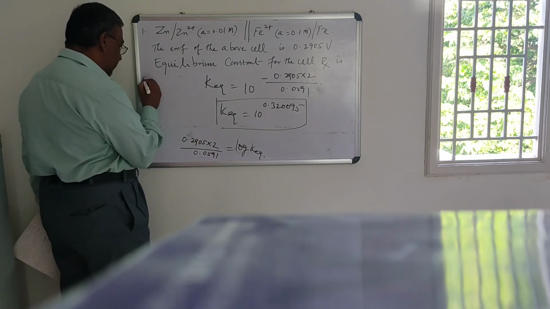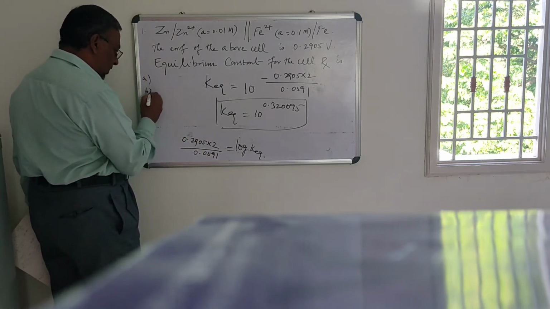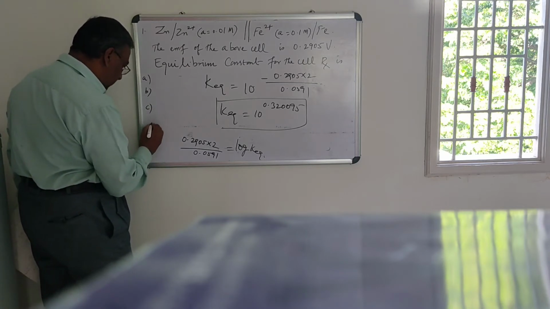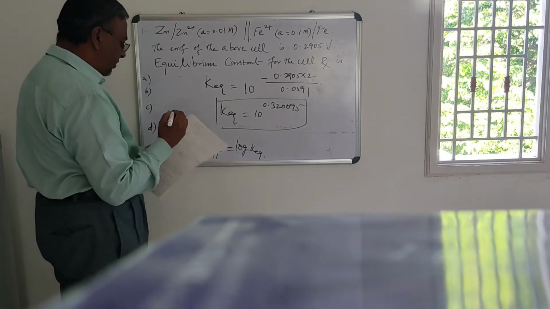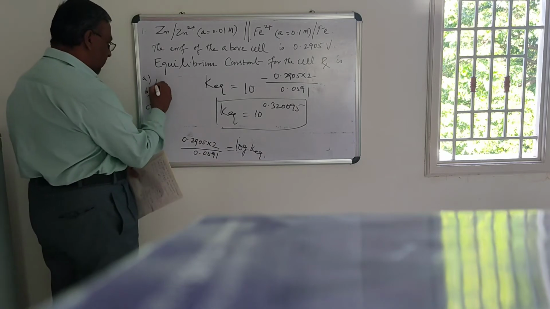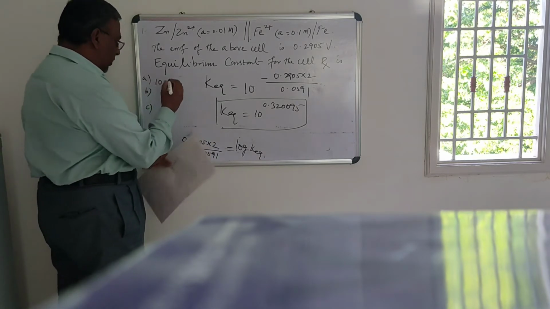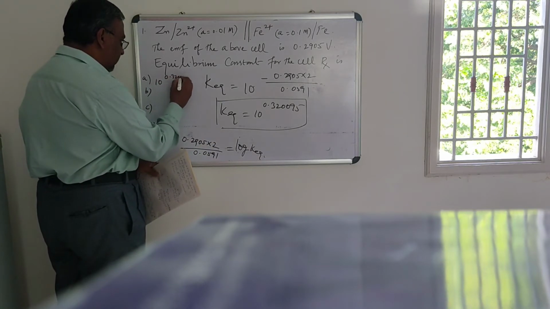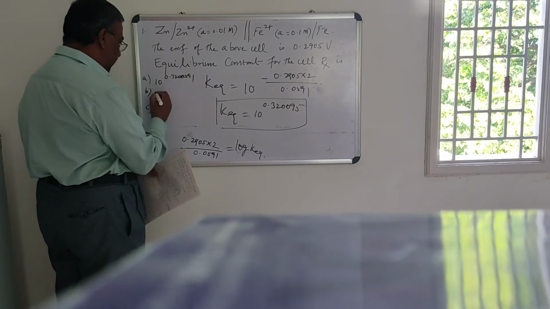Already we know that there are 4 values given. What are the 4 values? The 4 values: first one is 10 to the power of 0.32000591.